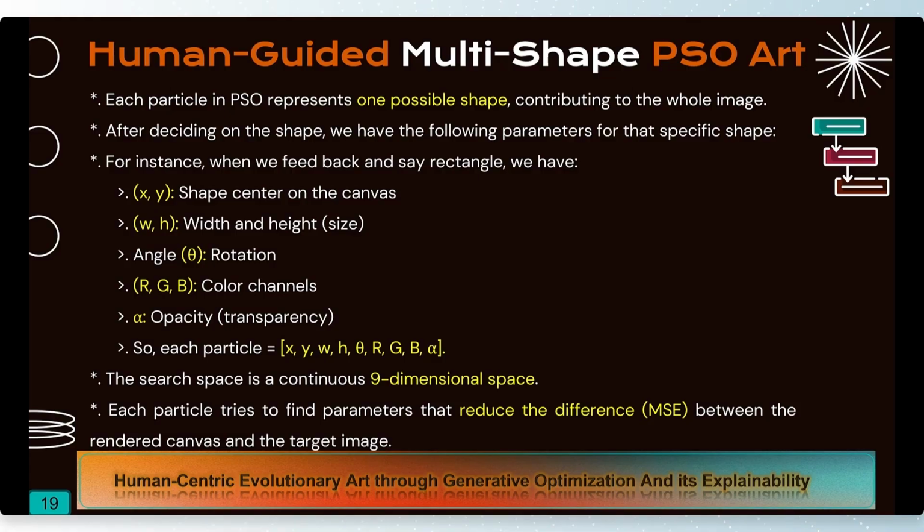We have RGB, which are color channels, and we have alpha, which is the opacity level. So each particle consists of 9 elements: x, y, w, h, theta, r, g, b, and alpha. So this is a nine-dimensional space. Each particle tries to find parameters that reduce the difference, like MSE, between the rendered canvas and the target image.